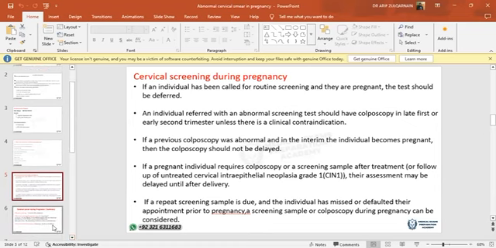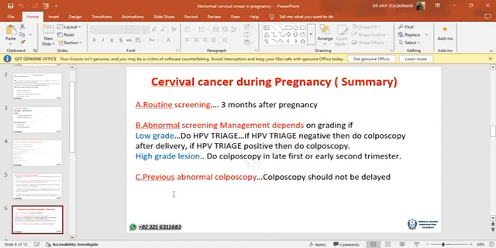So if we summarize all these points, it means that routine screening can be deferred until 3 months after the pregnancy. But the abnormal screening management depends on grading. If she has low grade disease, like CIN1 only, then we will do the HPV triage. If the high risk HPV triage is negative, then we will do the colposcopy after delivery.